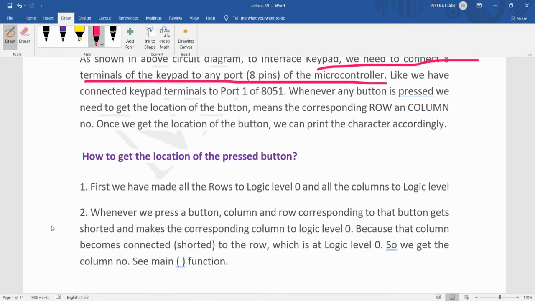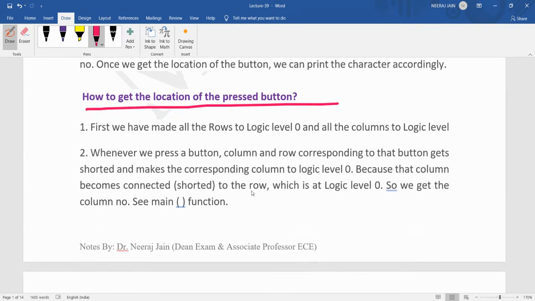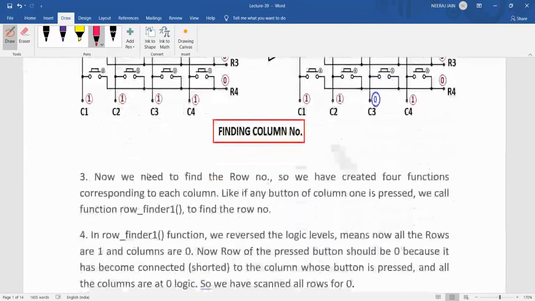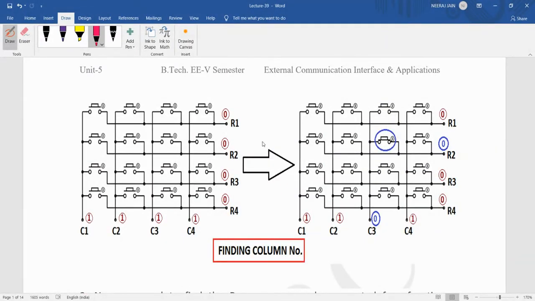Then how do we get the location of the pressed button? The microcontroller can find out which key is pressed. If a key is not pressed, we are getting 1. If any key is pressed, then it will be 0. If this key is pressed, then this column will be 0.